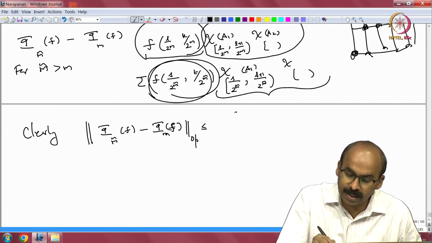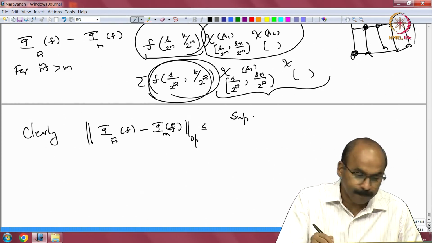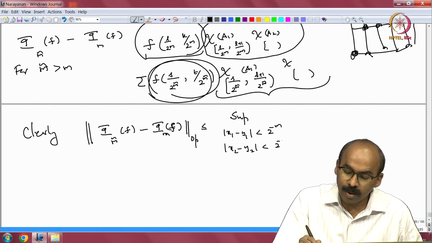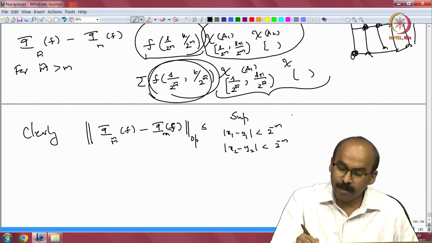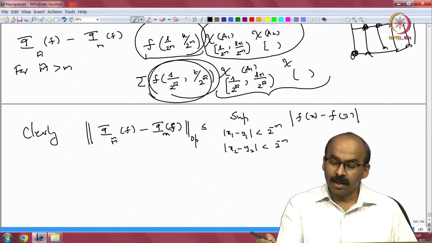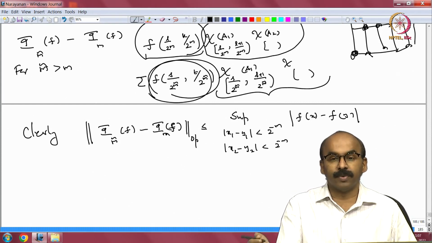So, I can write this as the supremum of modulus of f of x minus f of y, where mod x 1 minus y 1 is less than 2 to the minus m, mod x 2 minus y 2 is less than 2 to the minus m, right, where x is x 1, x 2 and y is y 1, y 2.